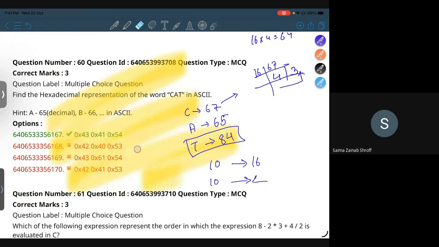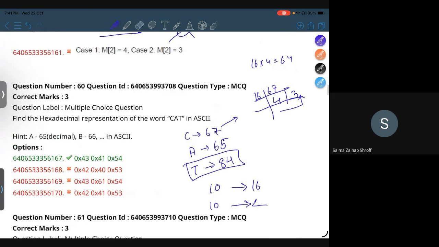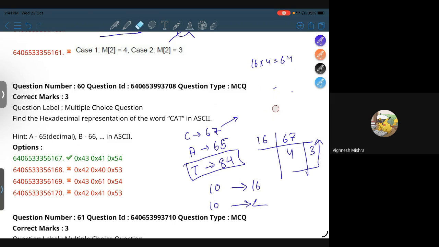Keep dividing by 16 till your quotient is 0. So this is 67, this is 16. This is 4, and the remainder is 3. Now there is something like an arrow in which we take this. This only, 43, should be the hexadecimal representation if I remember it right.